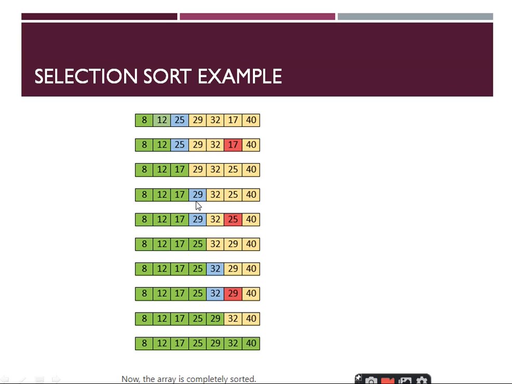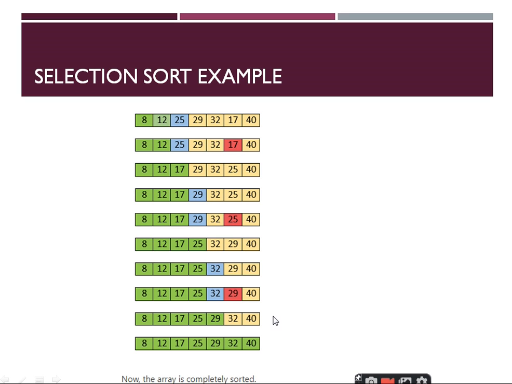Next time again we continue with 29, and we find that 25 is the next smallest element. We'll swap it, and this process continues. Next time we begin with 32, and 29 is again the next smallest element, so it comes into the list, and this is how the complete procedure takes place.